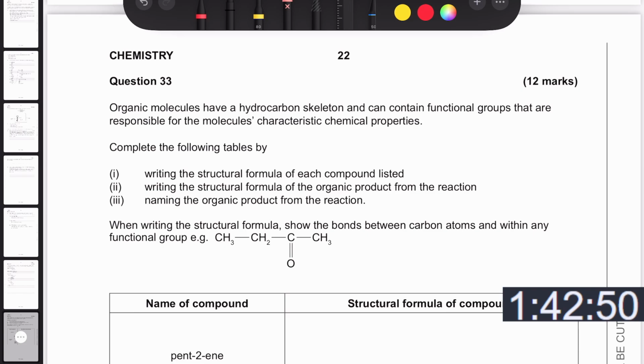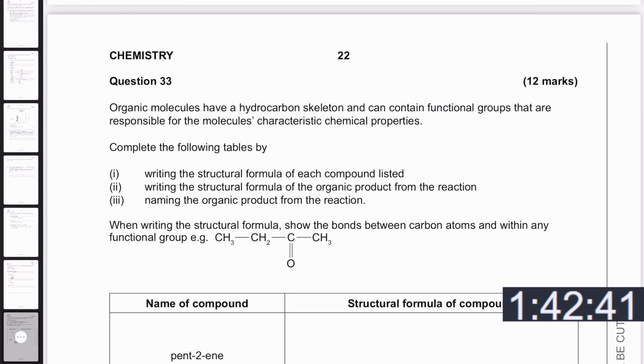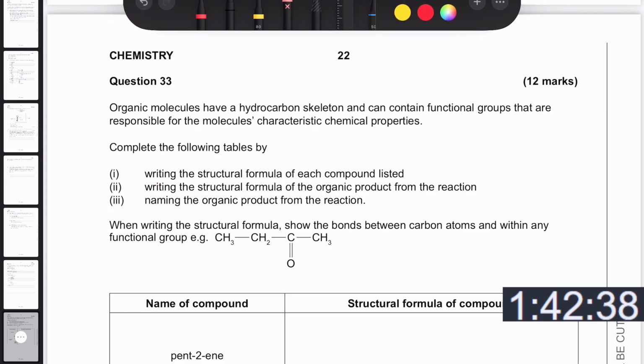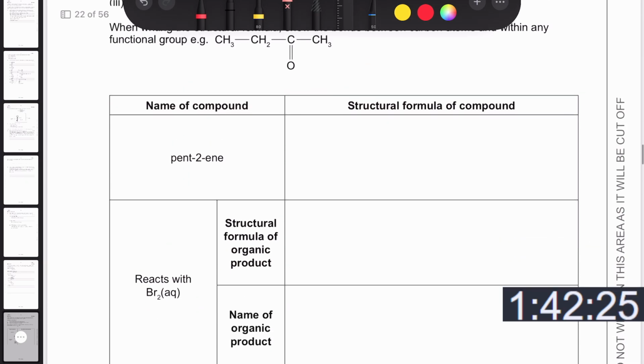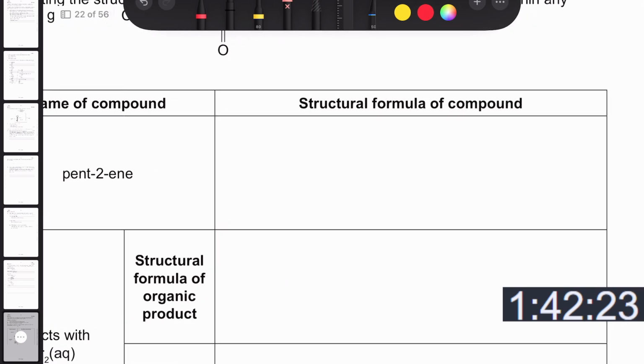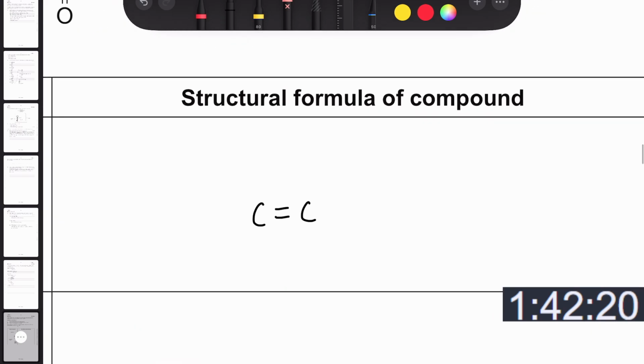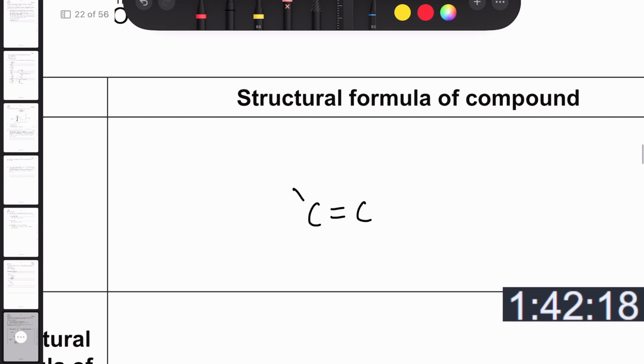Organic molecules have a hydrocarbon skeleton and can contain functional groups that are responsible for the molecule's characteristic chemical properties. Write the structural formula of the organic product from the reaction, and write the name of the organic product. Okay.